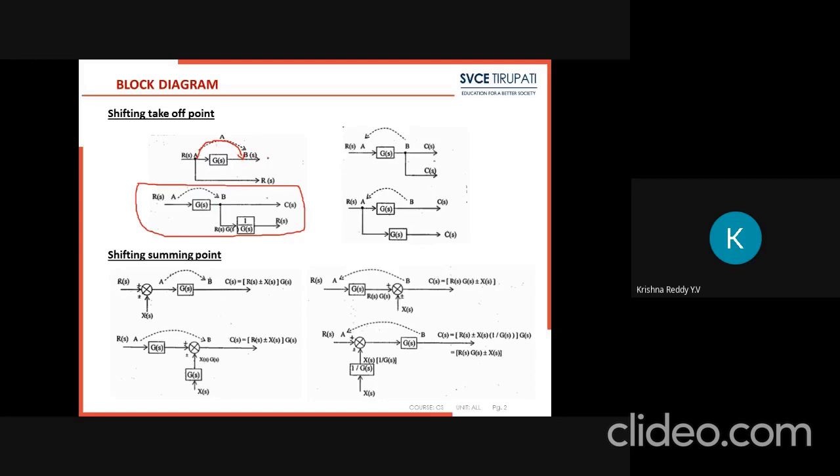If you are seeing this, here B of s is equal to R of s into G of s. Here it is equal to only R of s.